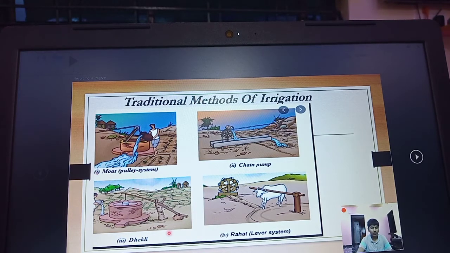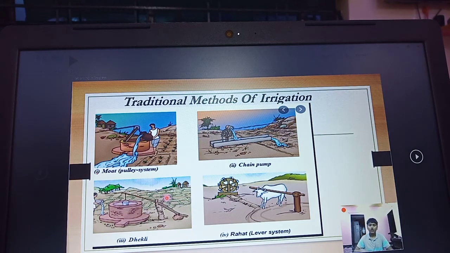Dhekli, as you can see here, is like a well, but you do not need any human power there. It is attached to a branch where you need to attach a rock to it. The water automatically comes up due to the pulley system there, and you take the water.